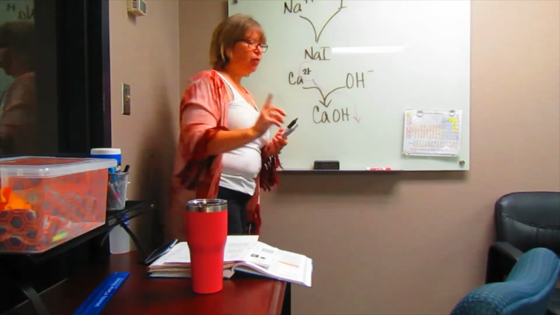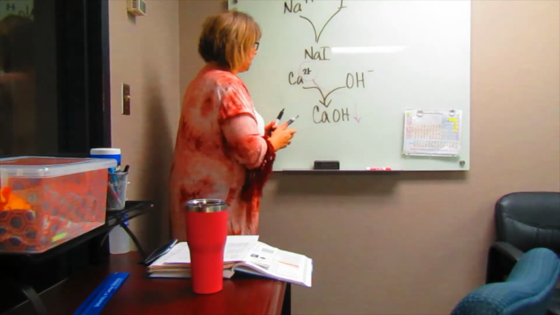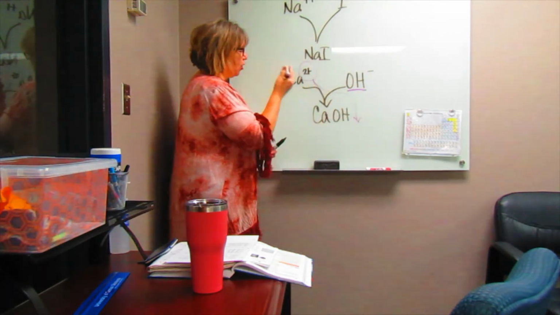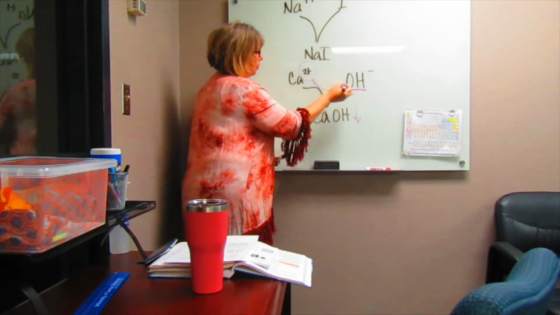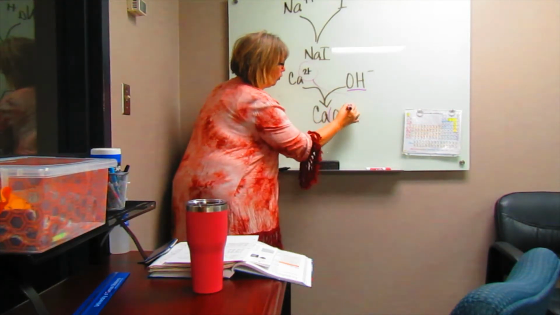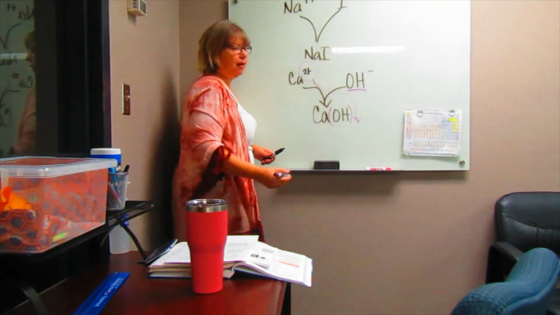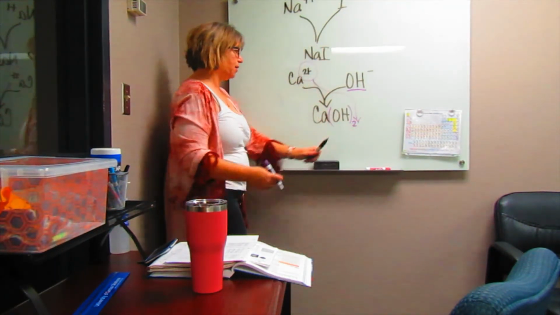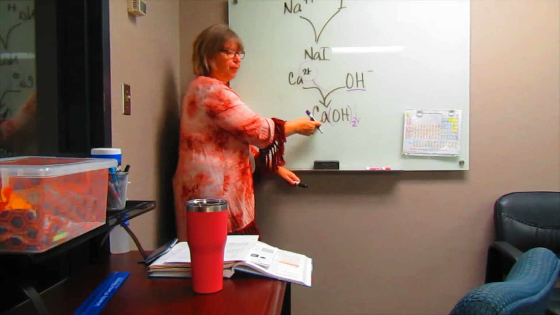Okay, so the reason I wanted to show you this is because this is a polyatomic ion, right? So when you add your subscript to your polyatomic ion, it has to be put into parentheses, all right? So it's going to take 2 hydroxide ions to balance the calcium, right?